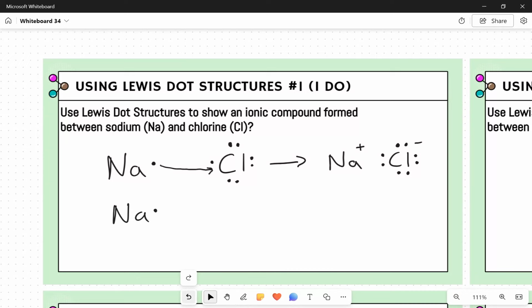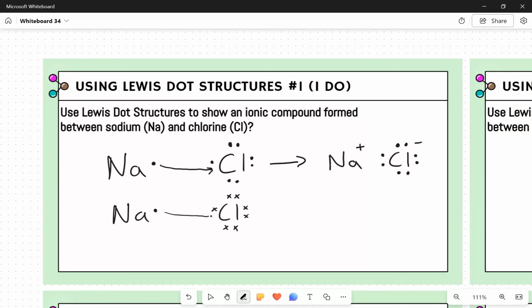Sodium, I'm going to keep the dot the same, but for chlorine, I'm going to replace the dots with X's. Now remember, these are just representations of electrons. As long as I am clear that these X's are also valence electrons, just from this different atom, then it's totally fine.